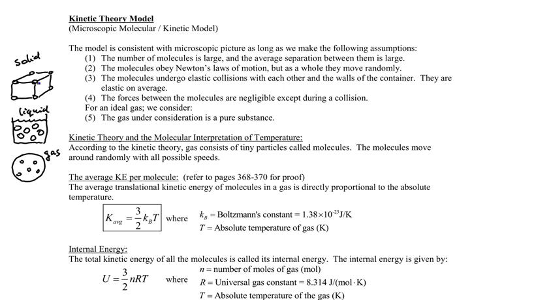In a liquid, the intermolecular forces between the different atoms and molecules are weaker because they're further apart from one another. So in this state, the molecules or the atoms have a lot more freedom of movement. Now we have a bit of rotational kinetic energy along with vibrational kinetic energy.